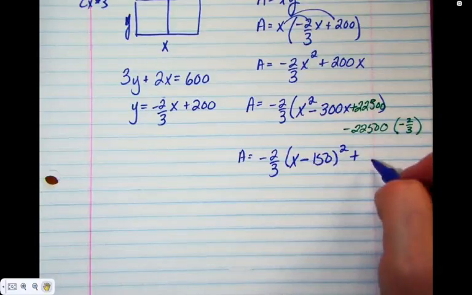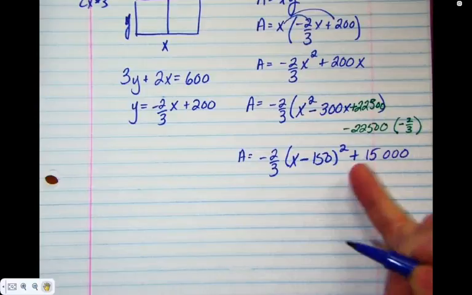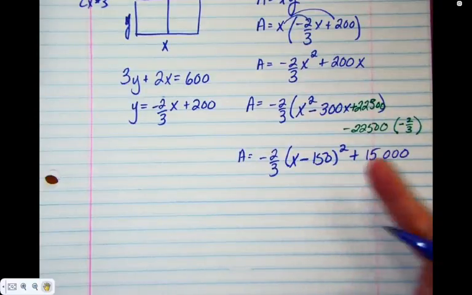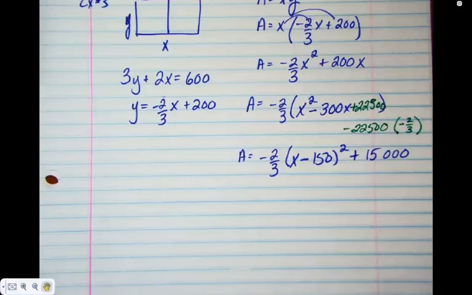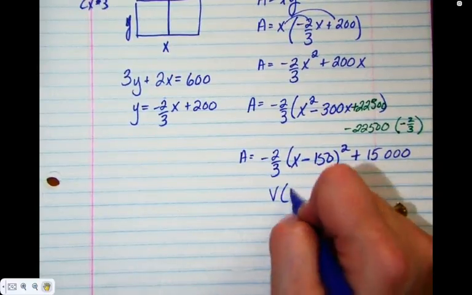Negative 15,000. But I heard negative, so I want to just confirm. What are we confirming? Somebody said negative, I said positive. Confirm 15,000. I'm just assuming this is the vertex. 150.